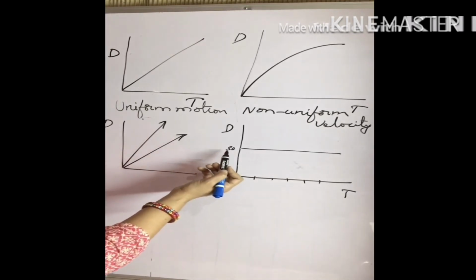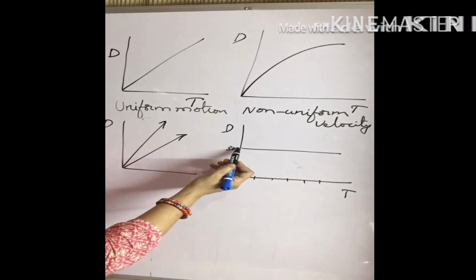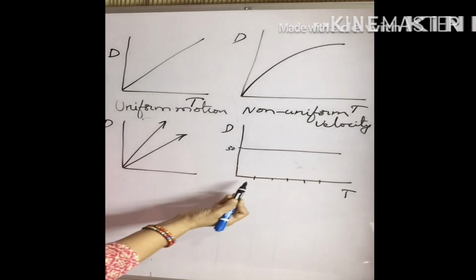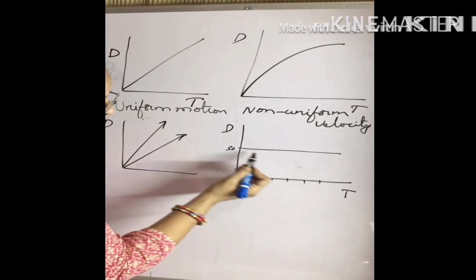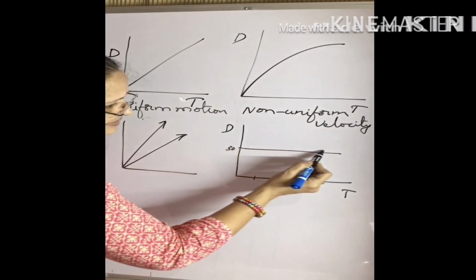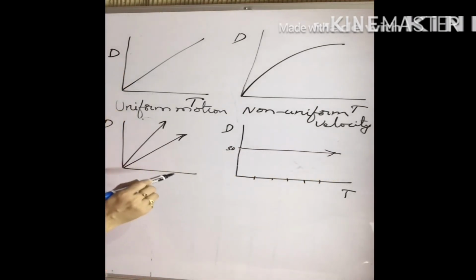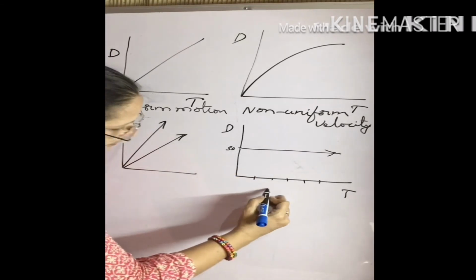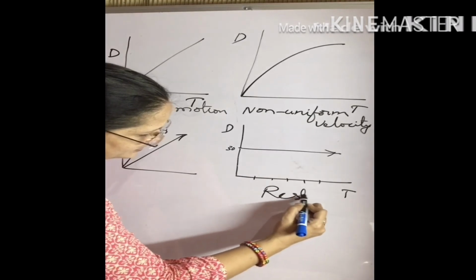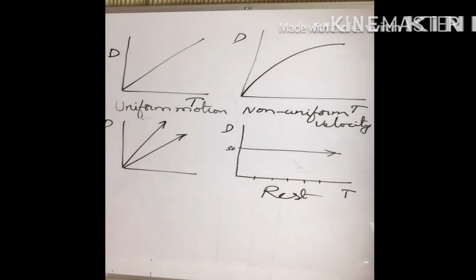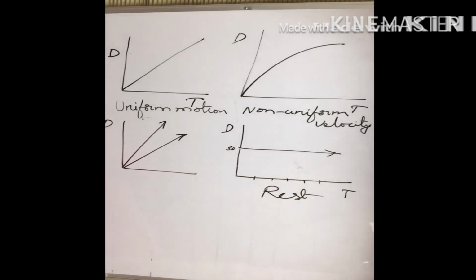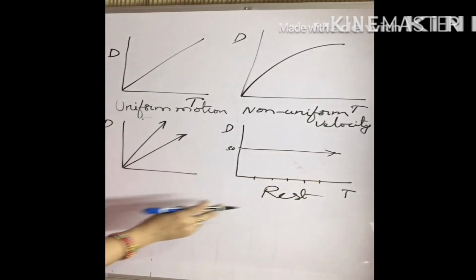The object covered 30 meters and after that it is not moving, students. The time passed but the body is showing the same distance. That means the body is not moving. It is at rest. The distance time graph horizontal to the x-axis says that the body is at rest.